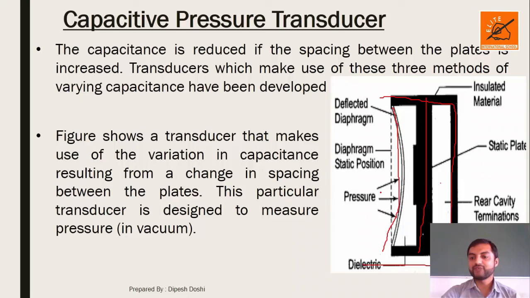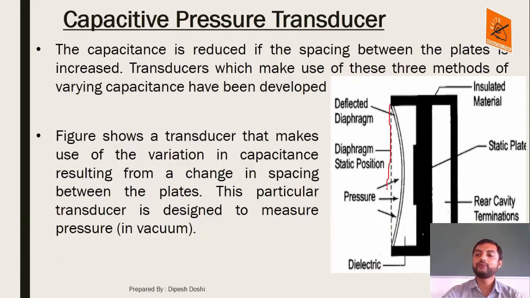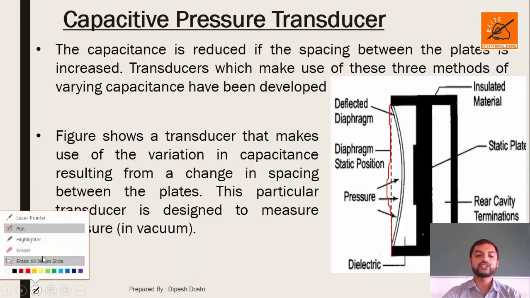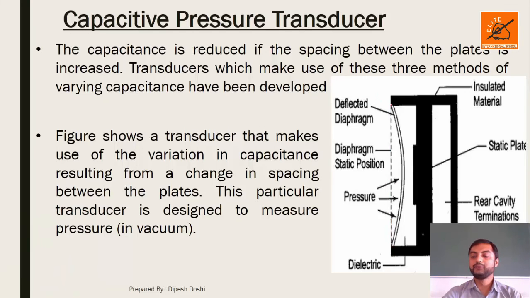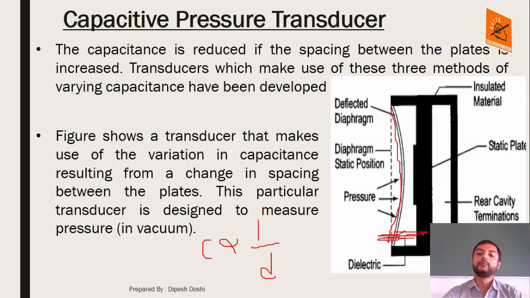When there is no pressure, your diaphragm is like this. But when you apply the pressure from here, the diaphragm will move like this, and because of that the distance between the two plates will be changed, and as you have already seen, capacitance is proportional to 1 upon D, so capacitance will be changed.